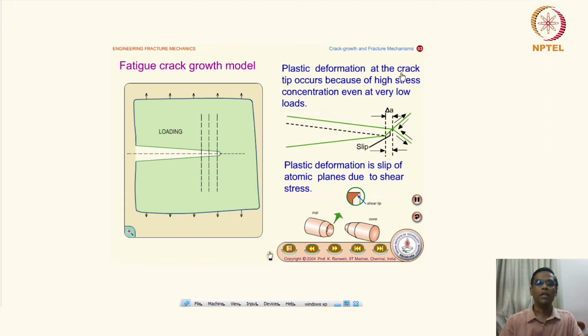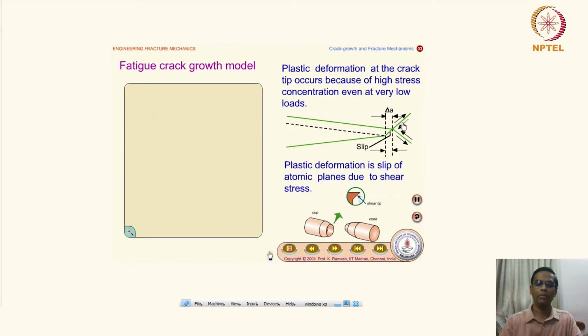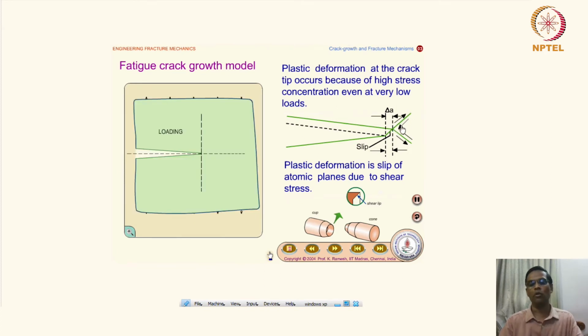Plastic deformation at the crack tip occurs because of high stress concentration even at very low loads. Here the details of the crack tip reaction are shown. What is shown here is multiple slip at the crack tip, depending upon the slip plane availability and orientation.